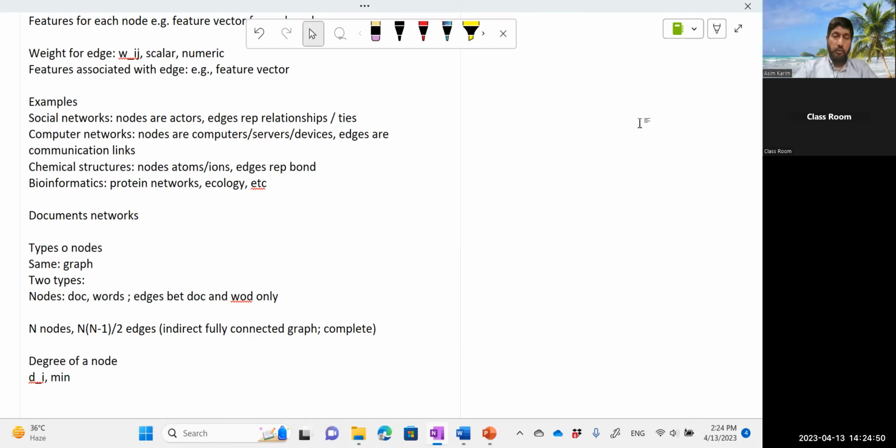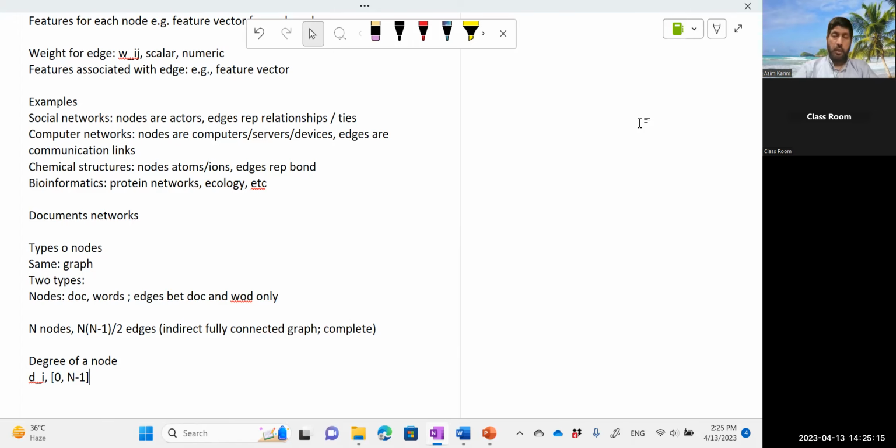So the range here is 0 to n minus 1. If a node does not have an edge, it means that it is not connected. It is not connected, and oftentimes we will call it disconnected. It's not a connected component.